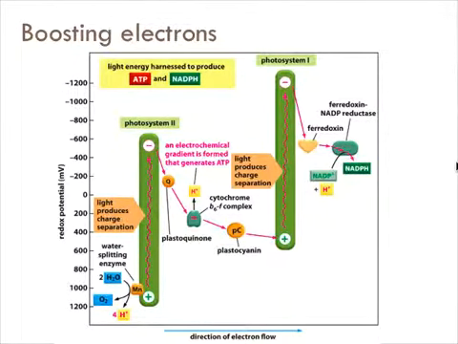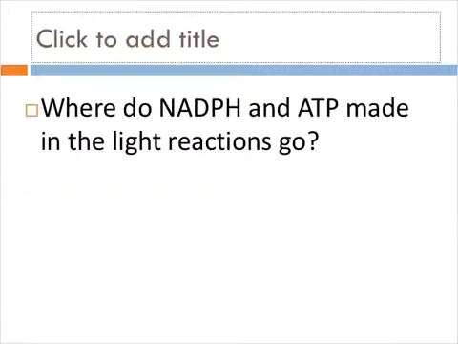So the light is giving us the energy to get these electrons to lower redox potentials so that they can then move downhill through these processes. So we've made the NADPH and we've made the ATP. What are we going to do now?